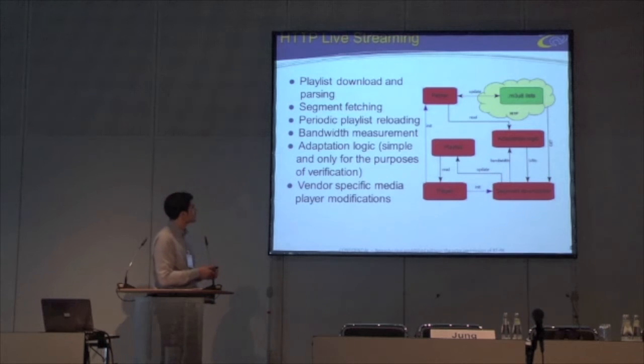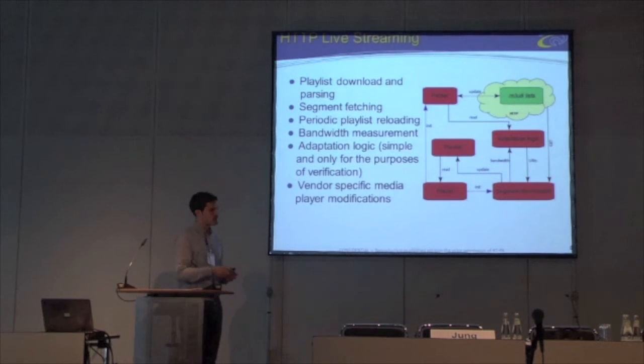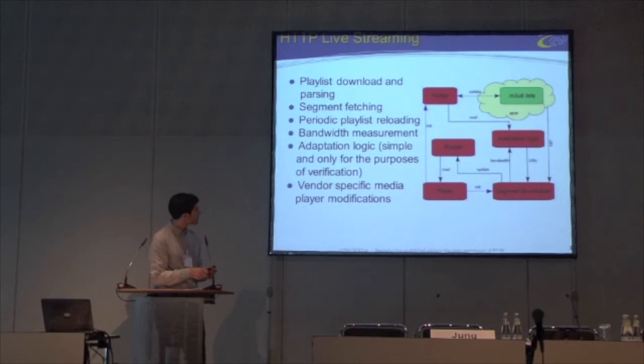The playlist is reloaded periodically, and the reload time is based on the length of the various segments. Then the client measures the bandwidth of the channel, and depending on the bandwidth state, it adapts to it.